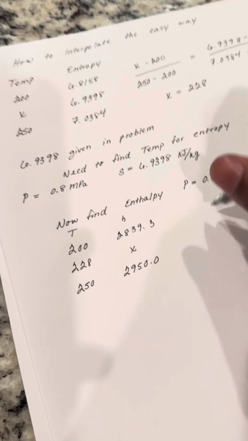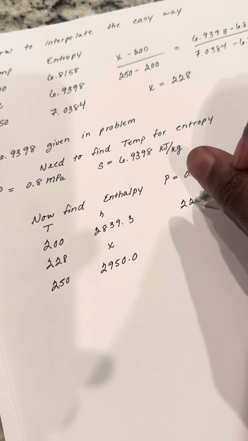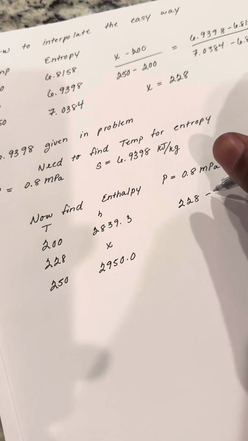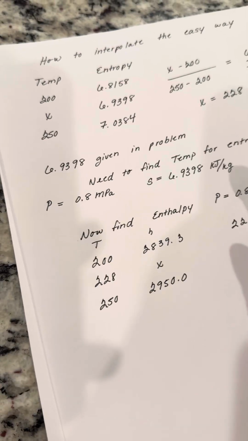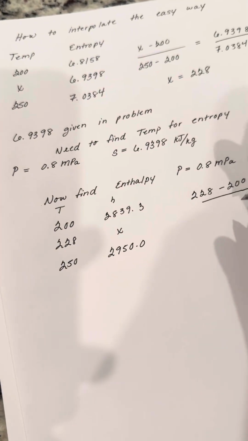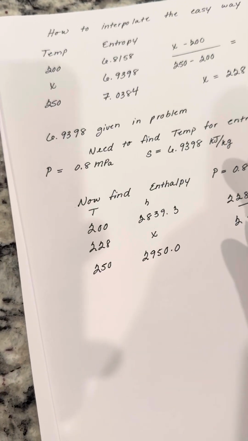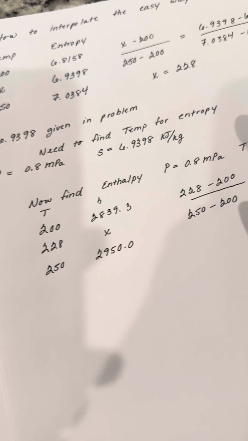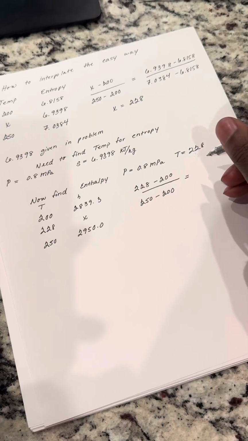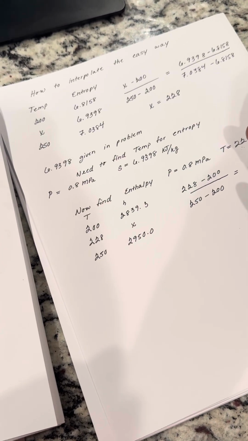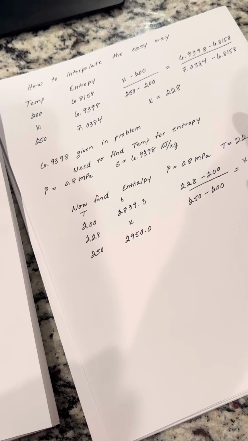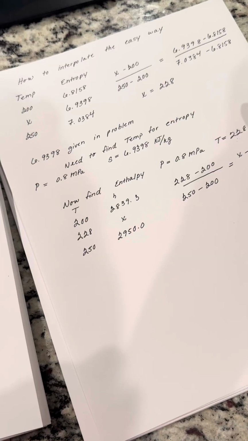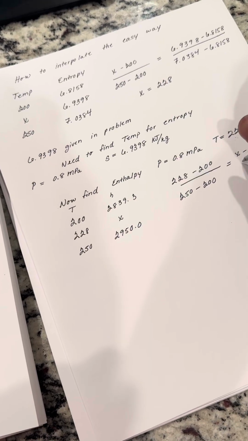Easy peasy. So 228 minus 200. Then you have 250 minus 200. Set that equal to the, it'd be x minus 2839.3.